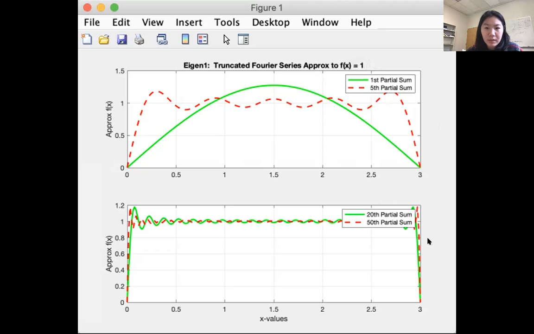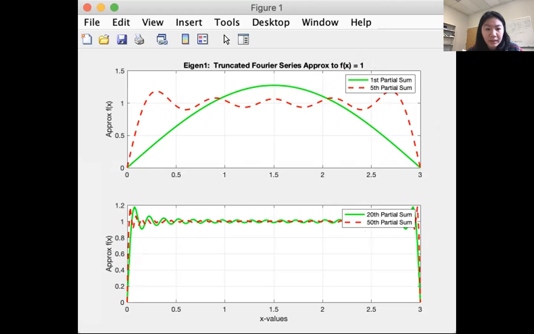And if you see the lower picture, where you involve more terms, like the 20th term represented by the blue color and the 50th term represented by the red color, you can see that as you involve more terms of the Fourier series, you get closer to the true function f(x) equals 1.